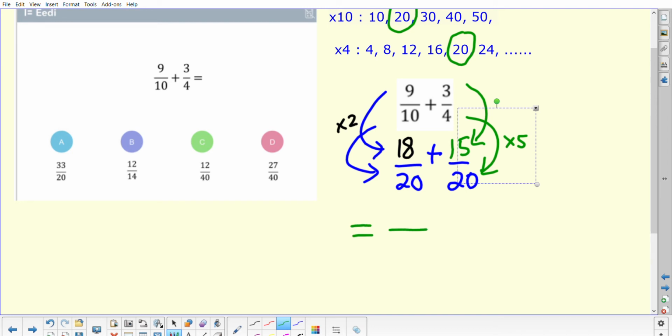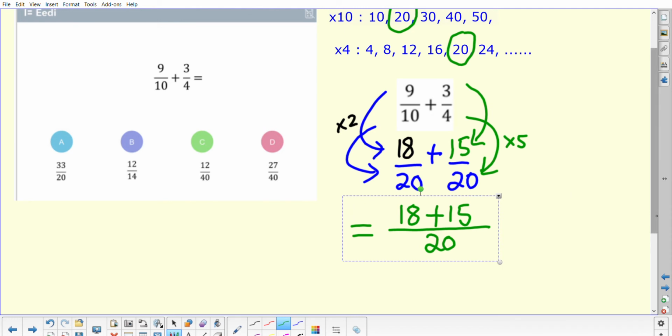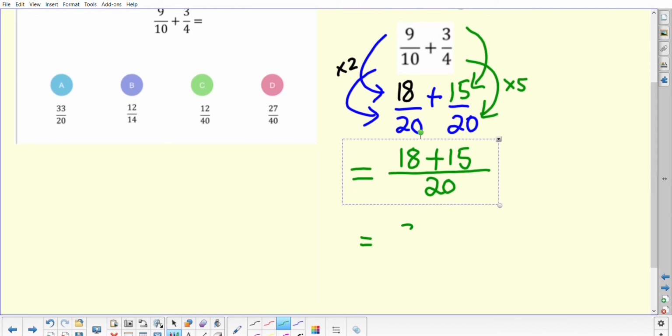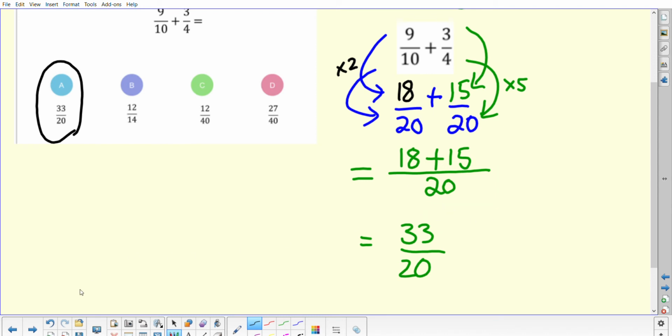When they are written like that, all you're basically going to do is add the 18 and the 15, and that would give you 33 over 20. And you've not had to make it into a mixed number. If you check on the answer sheet for the ABCD, you'll see they're all written in fraction form, and in fact that answer of 33 over 20 was answer A.